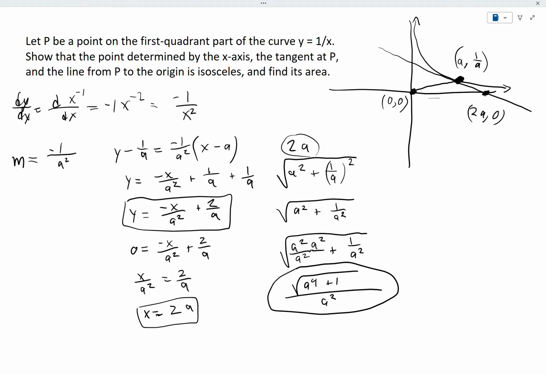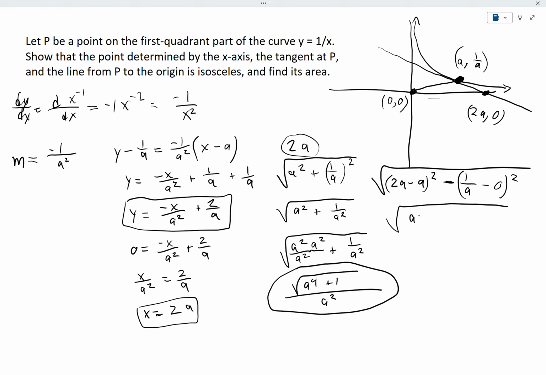What about the third one right here? Well, I can use the distance formula to figure that out. So that's going to be the root of 2a minus a, squared, plus 0 minus 1 over a, squared.